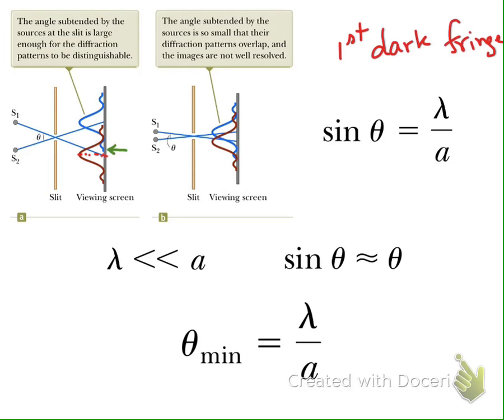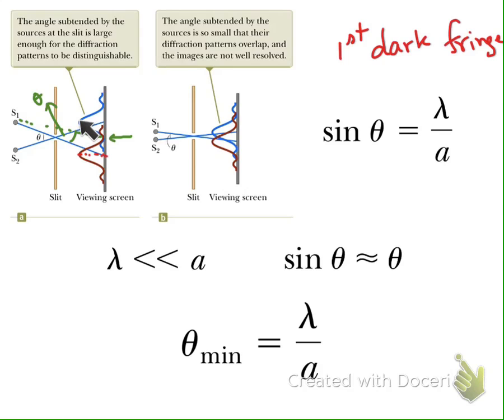Look at the angle theta. Just think like this: if the bright fringe is here, and you want the dark fringe for the first object, this is the dark fringe for the first object. So what is the angle here for the first dark fringe? The angle has to follow this equation, right?